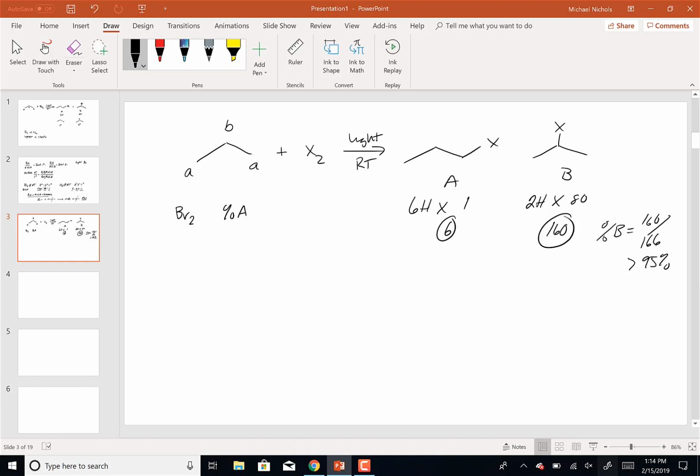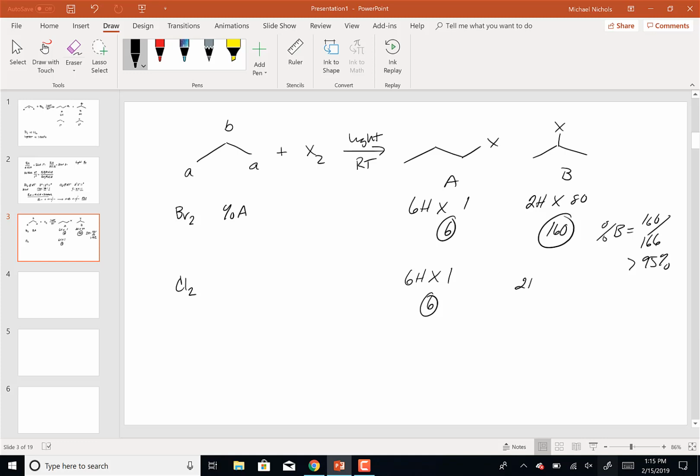Let's do it for chlorination. For chlorination, our percentage of A is going to be the same formula, 6 hydrogens times that coming from a primary radical, which is 1, is still 6. But now for B, what is it?